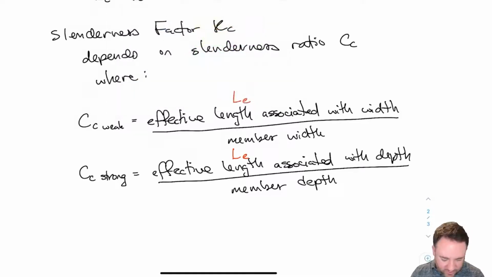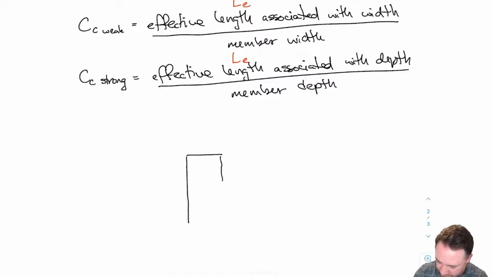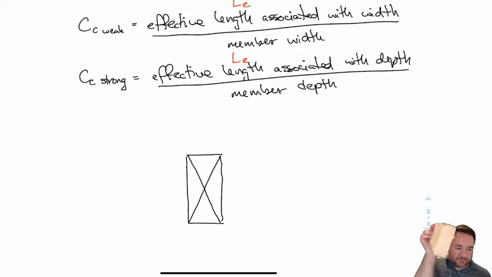So to clarify this a little bit more, let's actually draw a cross section of a piece of wood. Okay, so here is a piece. I'm drawing the X through it. So this is a piece of lumber, and I'm looking at the cross section, looking at it like this.